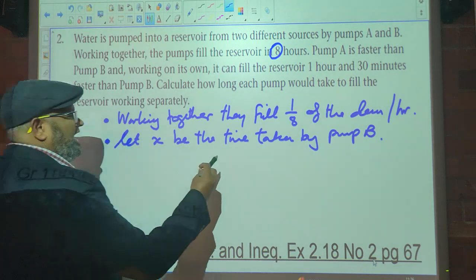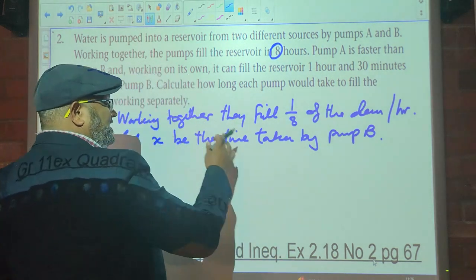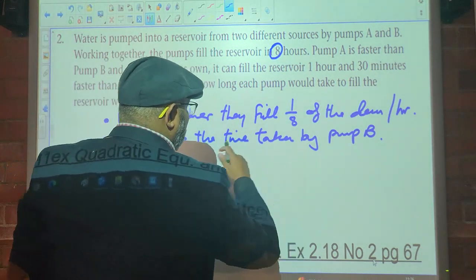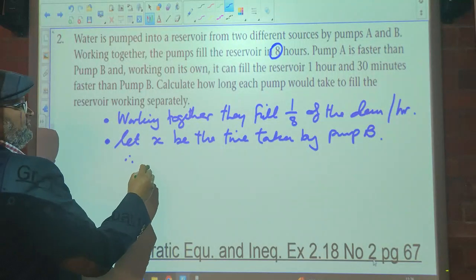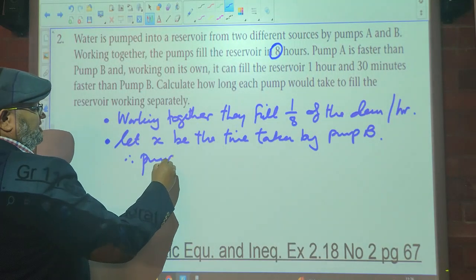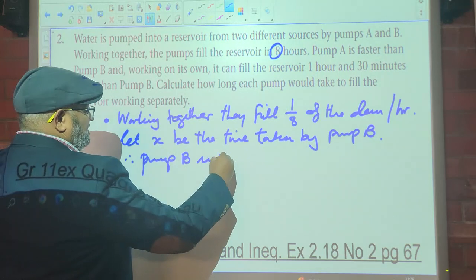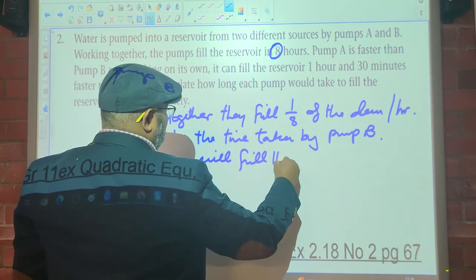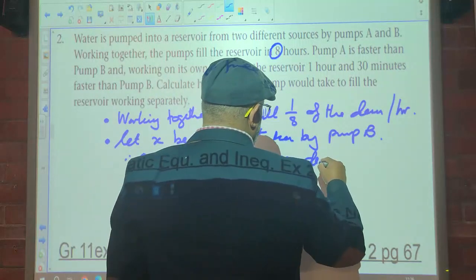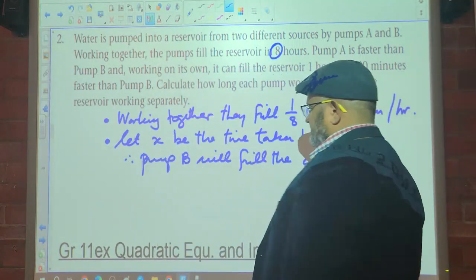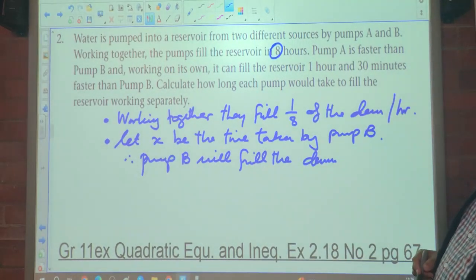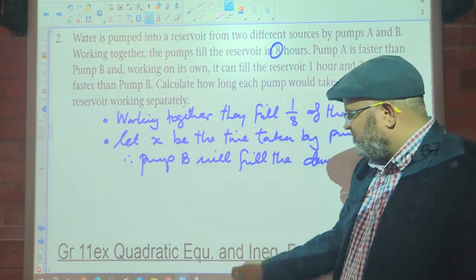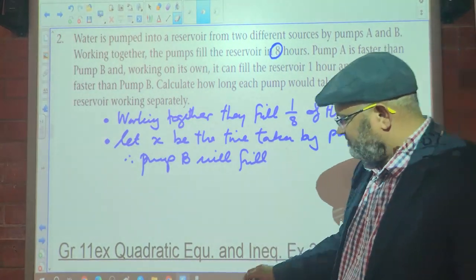So how much of the dam would pump B fill in an hour? Therefore, pump B will fill 1/x of the dam.